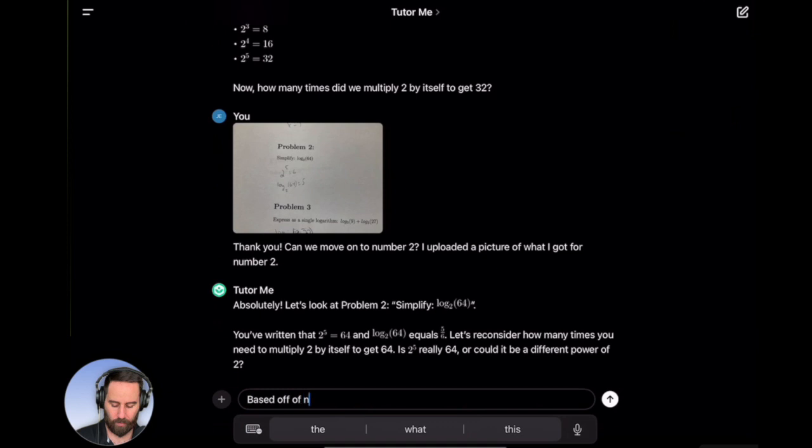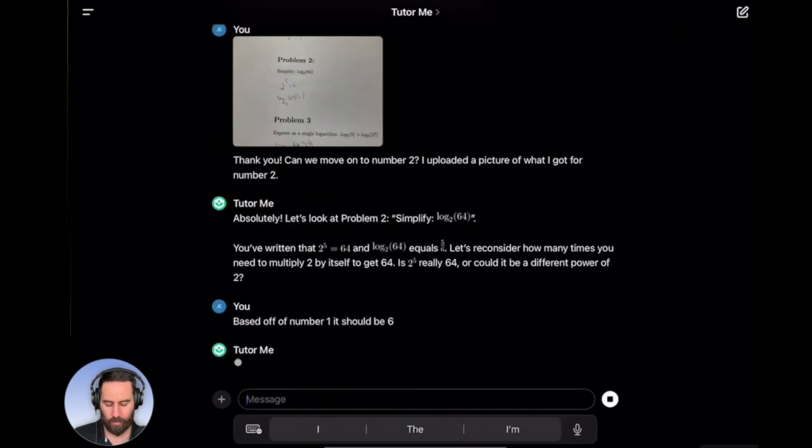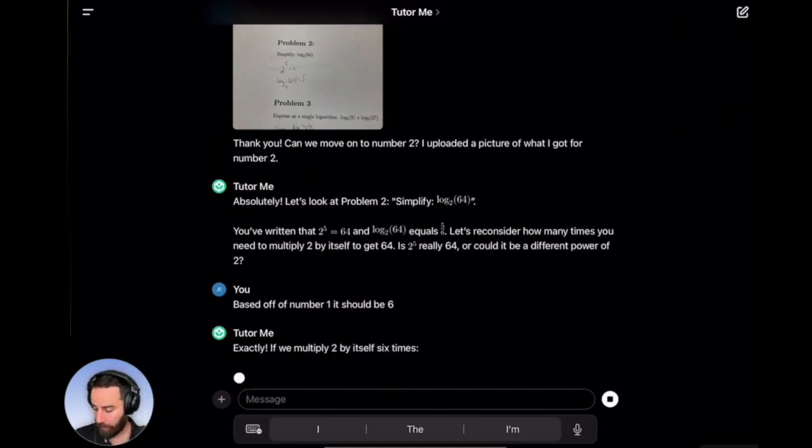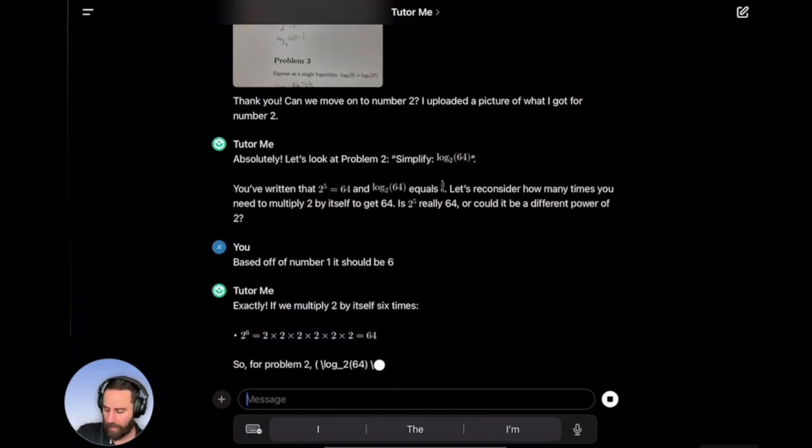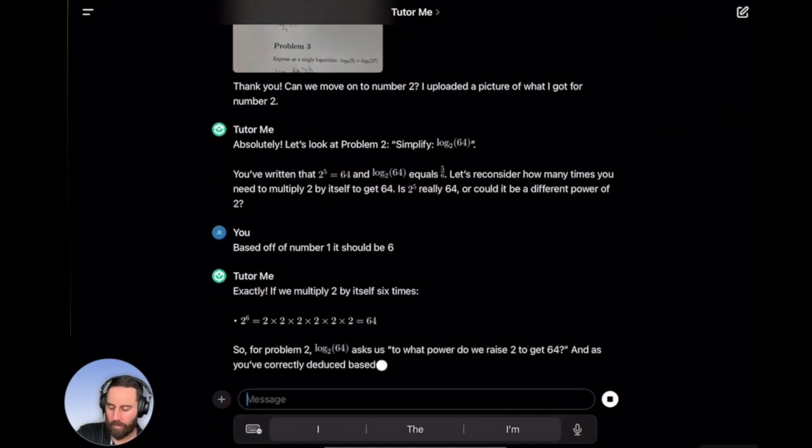Based off of number 1, it should be 6. Exactly. Boom. All right. Cool. And then it explains to you. And now let's move on to number 3 here.